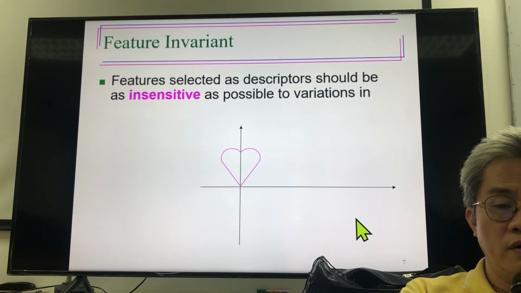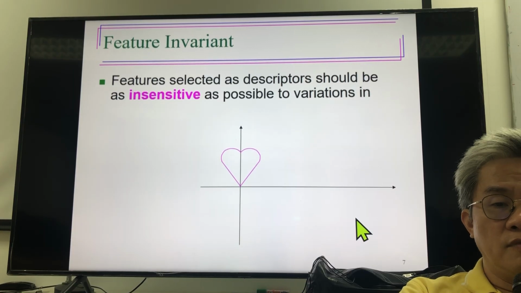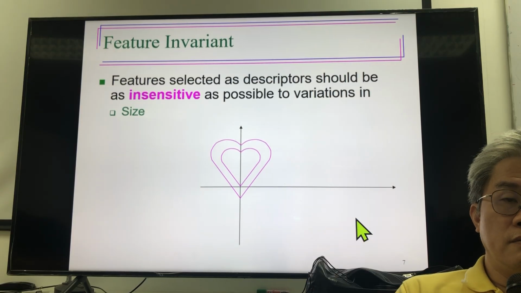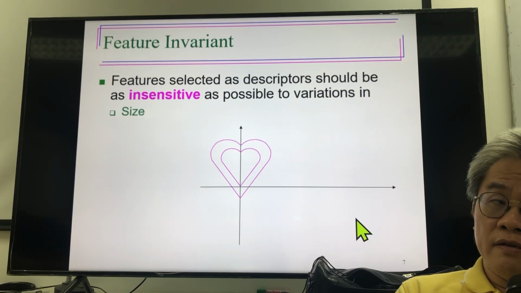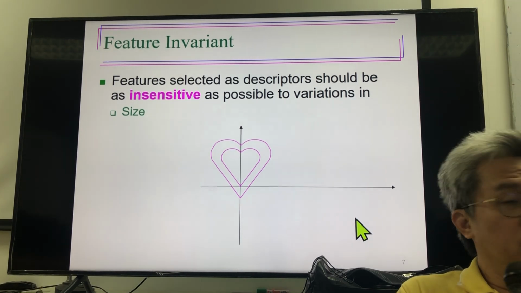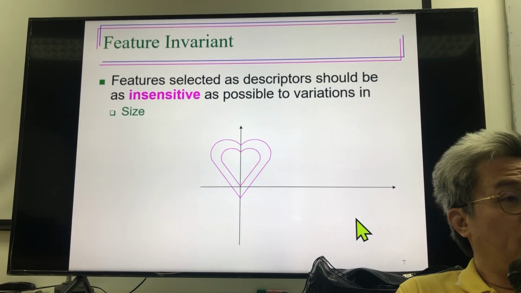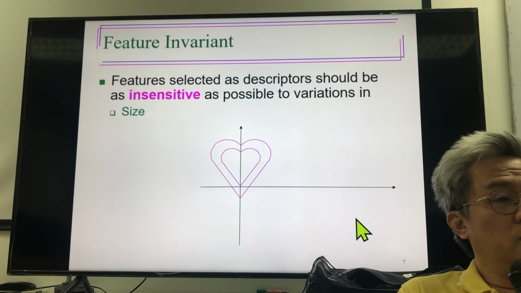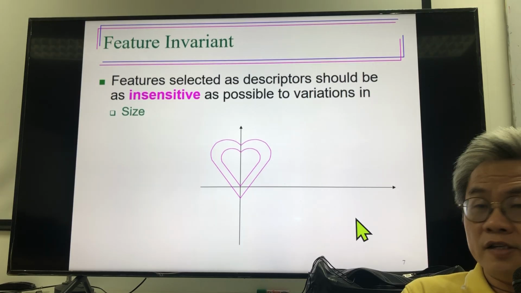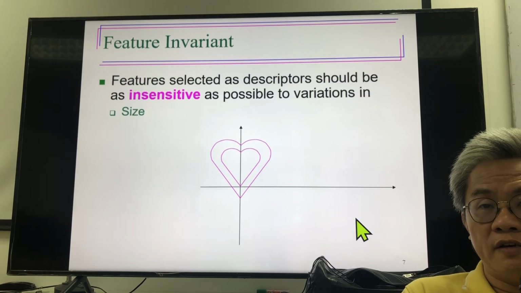For example, with this heart shape, if it gets bigger, should there be a different descriptor? Suppose we're looking for the face of a human. If you zoom in, you get a bigger face, or if you zoom out, you get a smaller face.